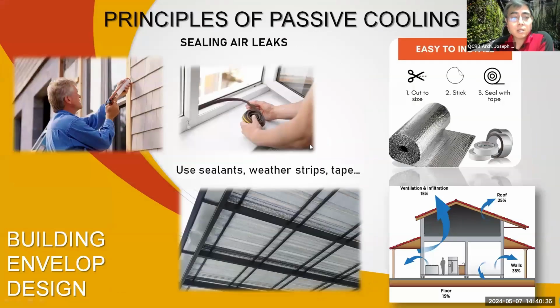Another important aspect in insulating your building is sealing air leaks. What are air leaks? Kasi yung bahay naman natin is maraming tumatagos-tagos diyan na air. Ibig sabihin, pag sinara mo yung lahat ng windows mo and doors mo, air will still come in and go out.